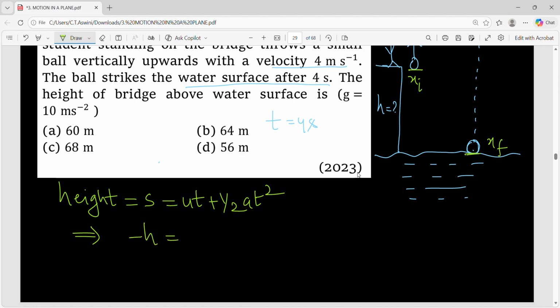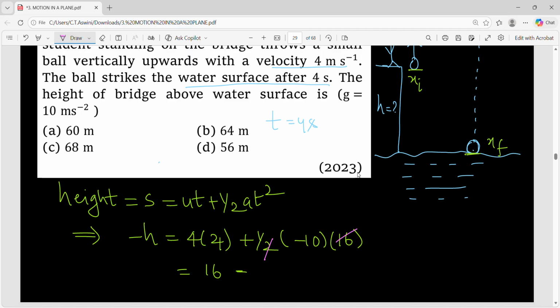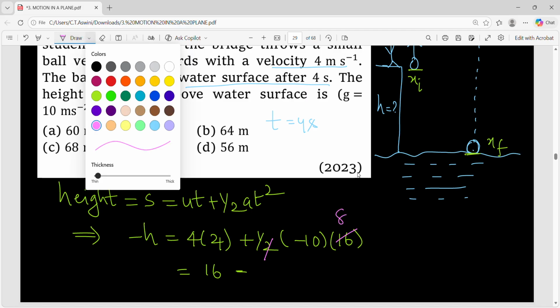U is positive because it is going upward. So 4 into time is 4 seconds again. Plus half. A is what? Minus g. T square. 4 square is 16. Simplify. 4 fours are 16. Minus half of 10 is 5, 5 times 16, so how much will you get?